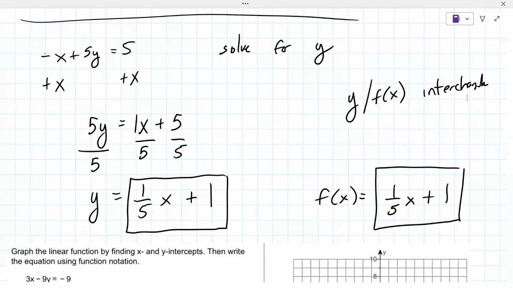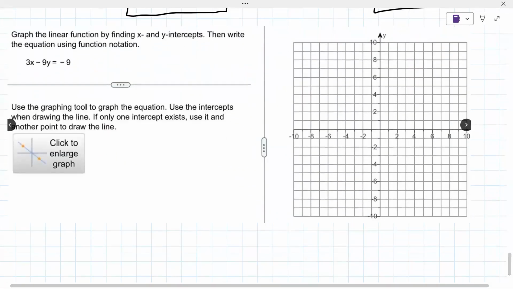All right. No issue. Excellent. So this one I do want you to try on your own, doing the x-intercept and the y-intercept thing. Okay, x is -3 and y is 1. So it's going to look something like this.